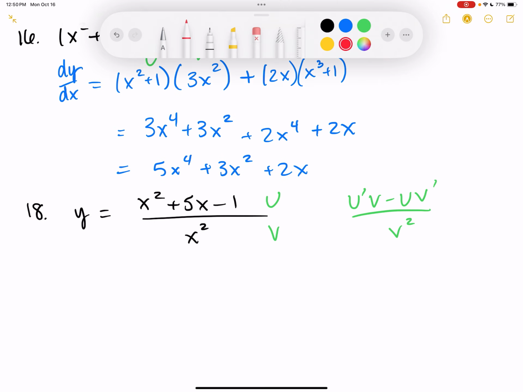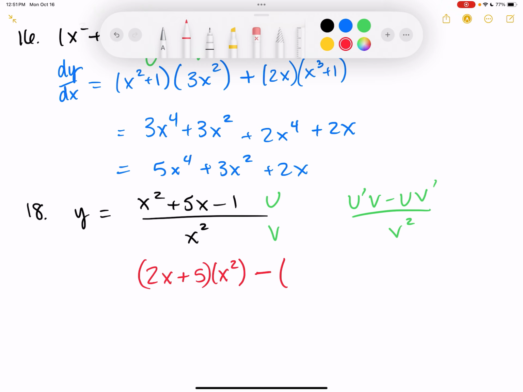So, what is the derivative of the top? 2x plus 5. Okay. And then times the bottom, so times x squared, minus, and this is where, even if you don't put parentheses around the x squared, make sure you put them around the second half, because this minus sign, when you start getting negatives in here, can get confusing.